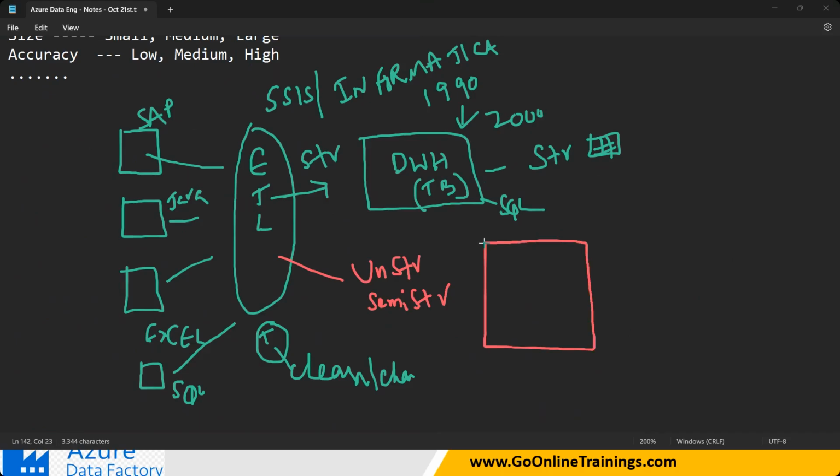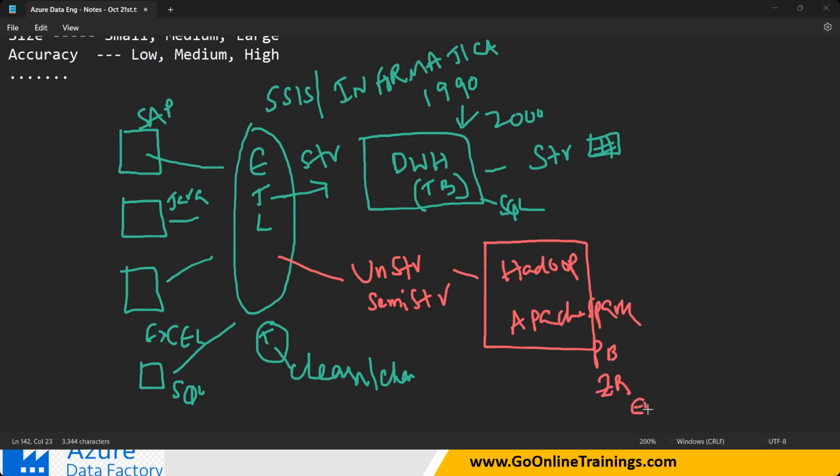We will be able to store this kind of data either in Hadoop or in Apache Spark. Because one is terabytes, now we're talking about petabytes of data, zettabytes, yottabytes of data.